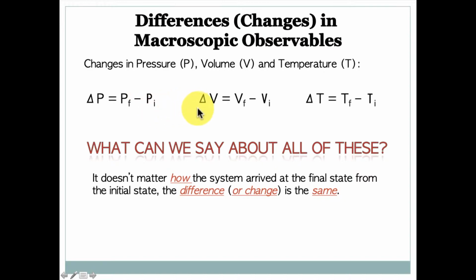This is similar for volume, where the difference is equal to the volume at final minus the volume at initial. The same goes for temperature: the change in temperature is equal to the temperature at final minus the temperature at initial.